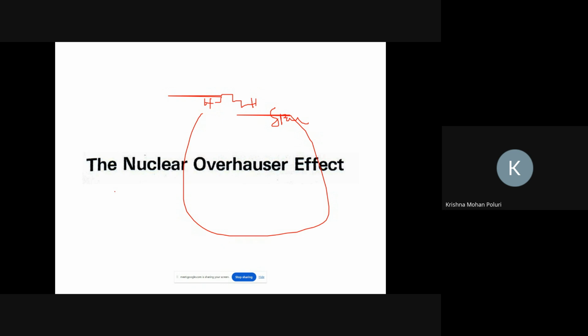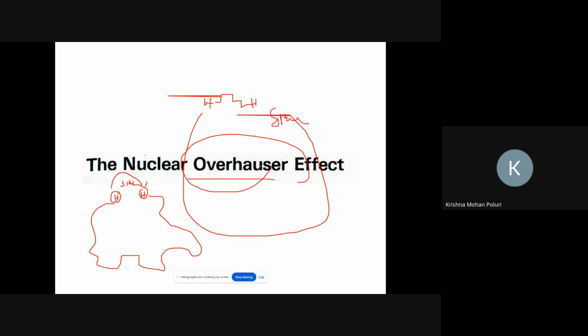Through space, like 4 bonds you can go, here 1 and here 1, but these are not connected. These are connected through a very long polypeptide chain or protein chain. These two are not talking through bond. These two are talking through space. That you call the nuclear Overhauser effect. Overhauser is essentially the scientist who discovered that these dipoles, any of these fundamental particles, can be considered as dipoles.